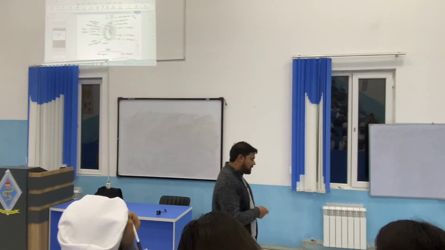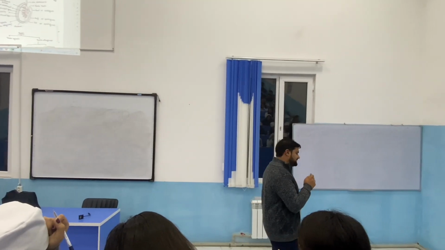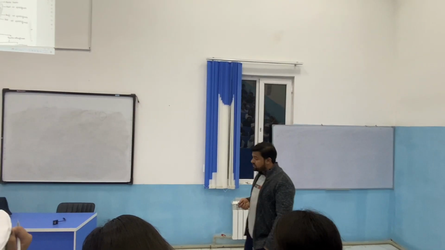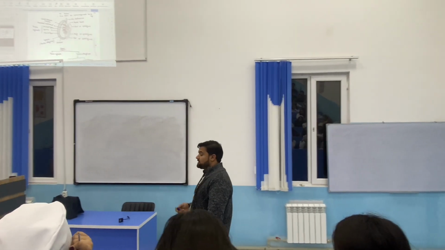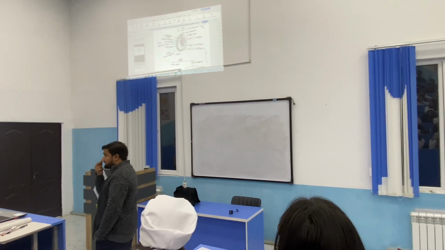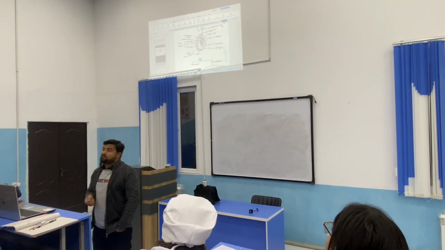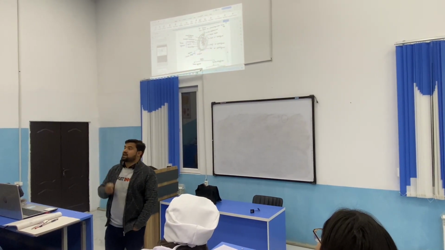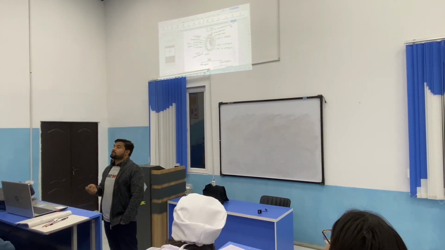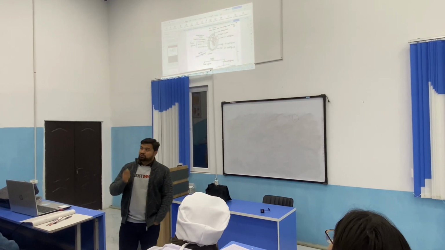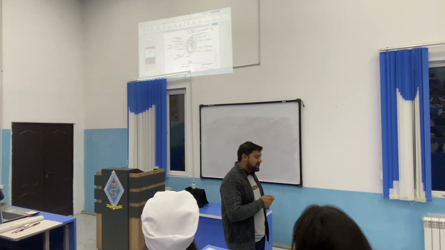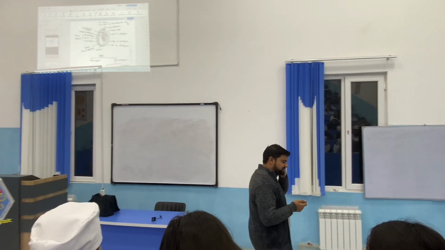After meiosis 1, primary spermatocyte develops into secondary spermatocyte. After meiosis 2, it develops into spermatid. Then in the spermatid, spermiogenesis occurs and it develops into mature sperm or spermatozoa. The conversion of spermatid into spermatozoa is known as spermiogenesis.